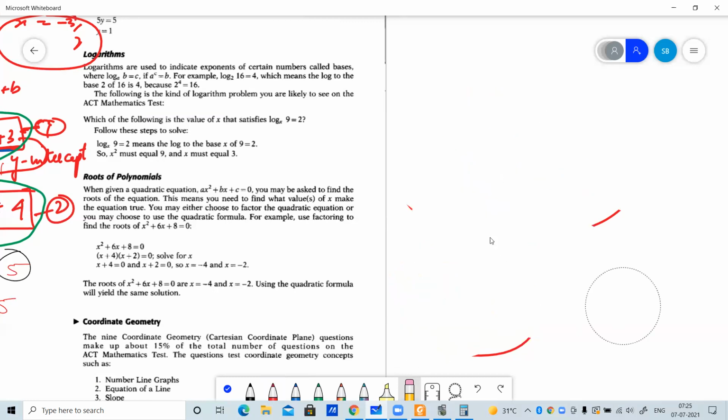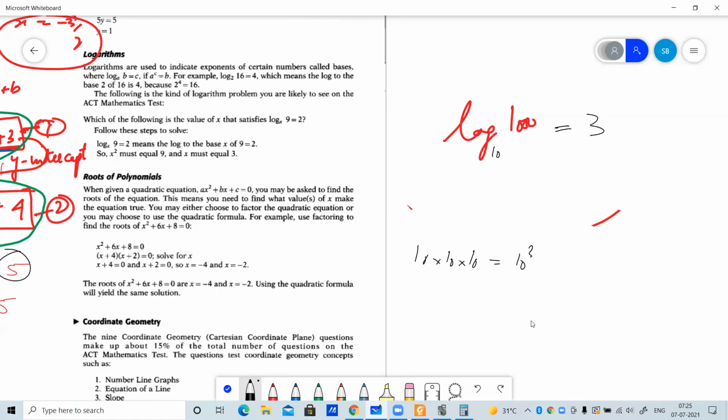Okay, one more. What power can 10 be raised to in order to get 1,000? 10 times 10 times 10. So 3, 10 cubed. So it's 3.